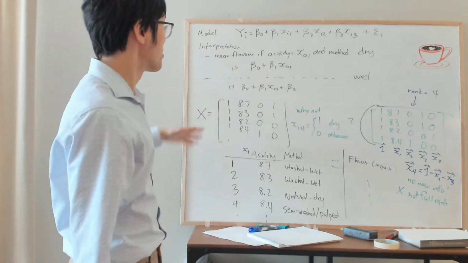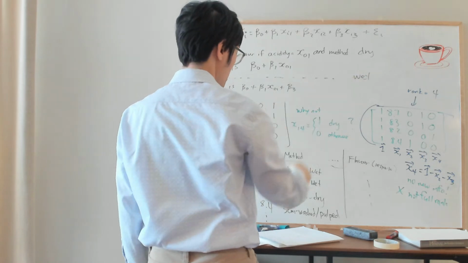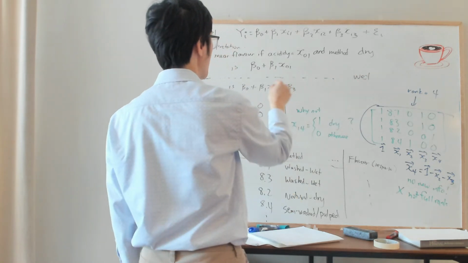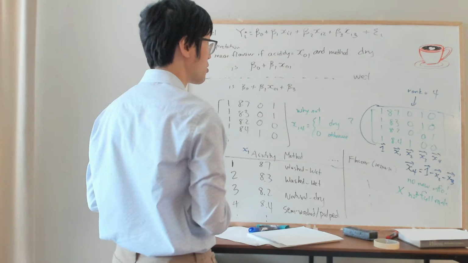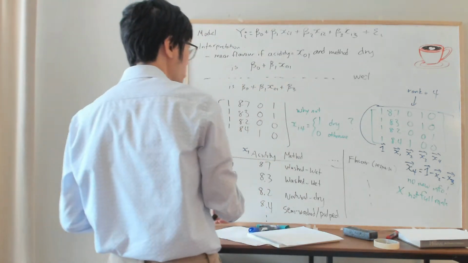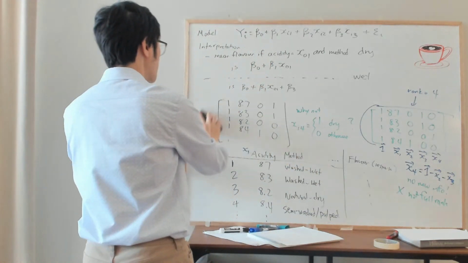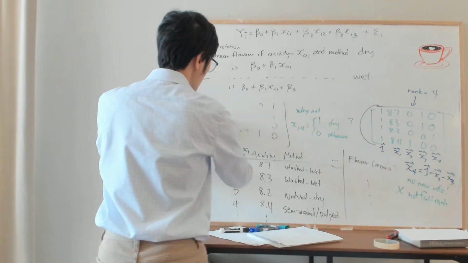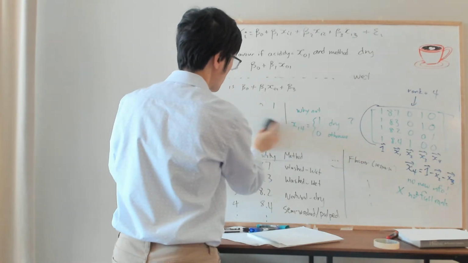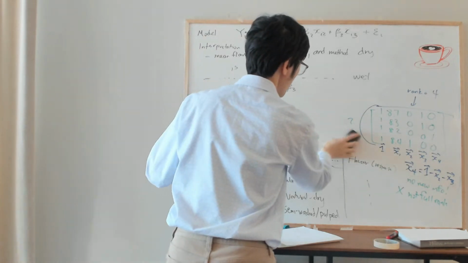Okay, and then similarly, if it's semi, then you would have plus beta 2. Okay, and so with that in mind, we can see how the corresponding estimates for the betas should be interpreted.